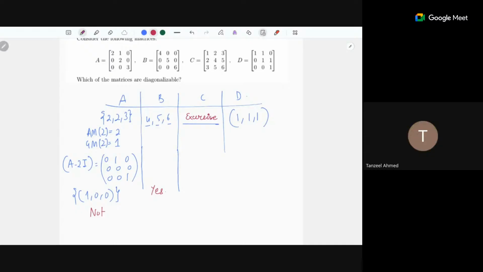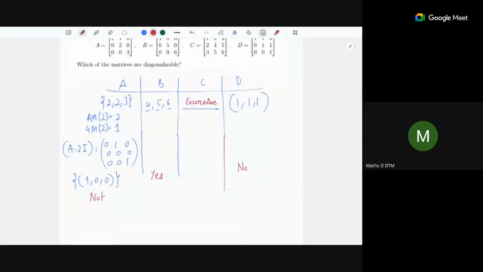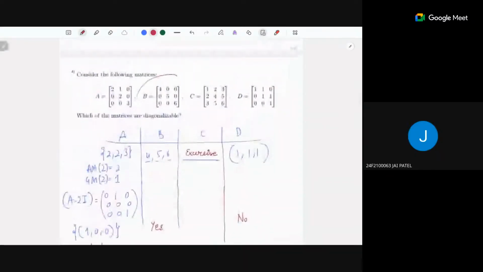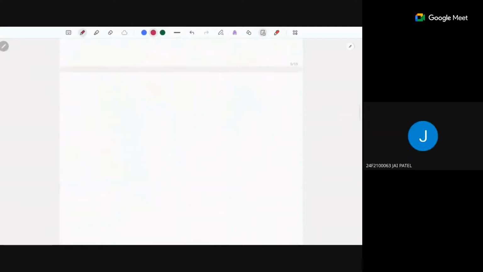The same way you have solved for A, I think we'll get geometric multiplicity equal to 1. Yes. So that means it is not diagonalizable. All right. So only B matrix is diagonalizable. We don't know about C. I don't know whether it is diagonalizable or not. So that's an exercise for you to see. Okay.